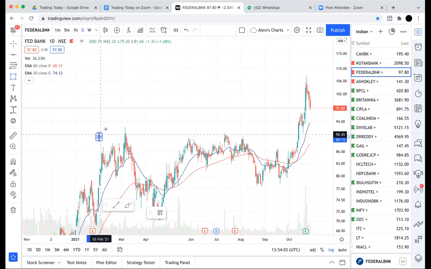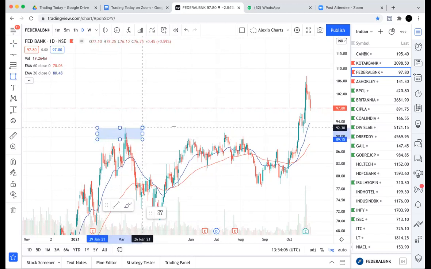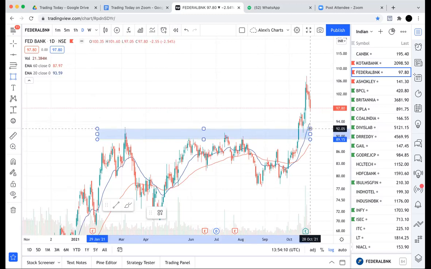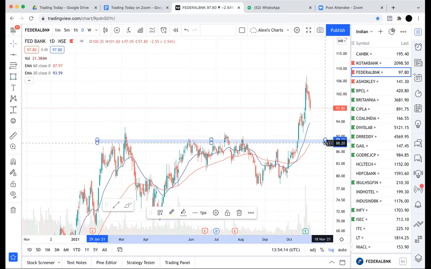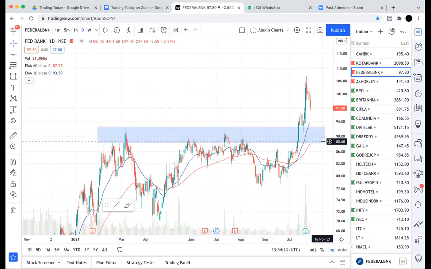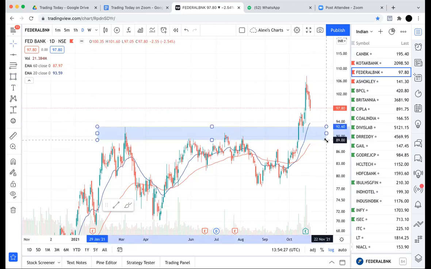So I'm going to use this rectangular tool. I don't use this tool very much, but I'm going to use it to demonstrate what I mean. All right, let me pull that up a little bit more. Right there, yeah.